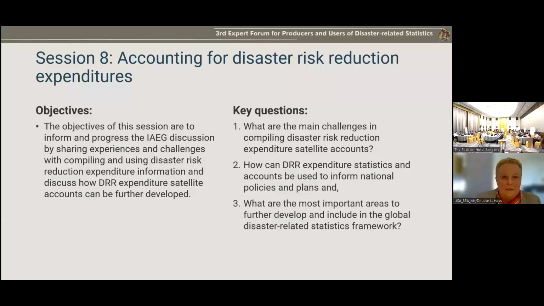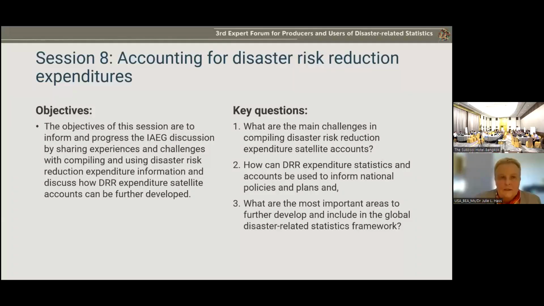The objectives of our session are to talk about the challenges with compiling and using disaster risk reduction expenditure information, and also discuss how satellite accounts like these could be further developed.